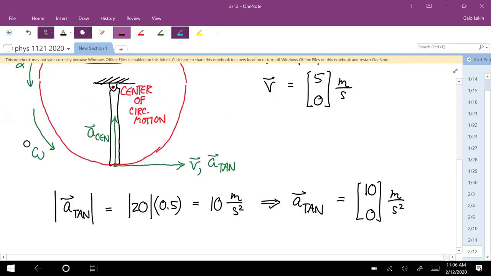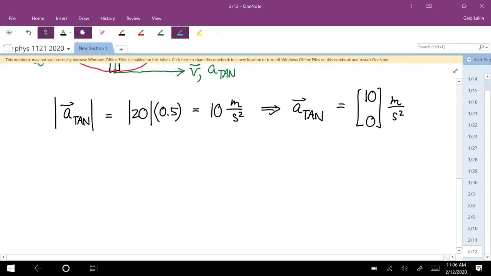The centripetal acceleration magnitude is, well, you can always do it two different ways. You can do it as the speed squared divided by the radius, or omega squared times the radius.